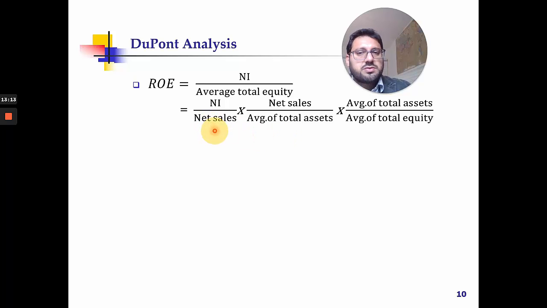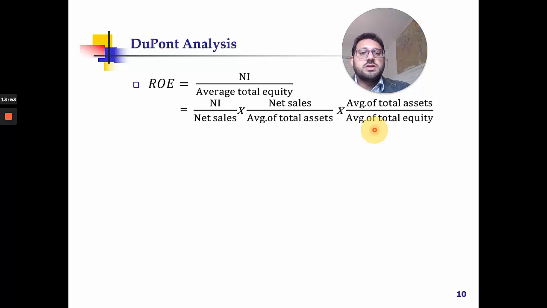What is the first ratio? Net income divided by net sales. We just have covered it. It's at the final level of the income, net income divided by the net sales. So this is actually the profit margin. Then what is this? Asset turnover, net sales: each dollar invested in the asset, how much sales it is generating. So net sales divided by the average of total asset. And finally, what is this? Equity multiplier.